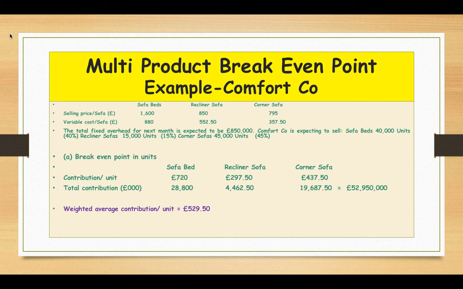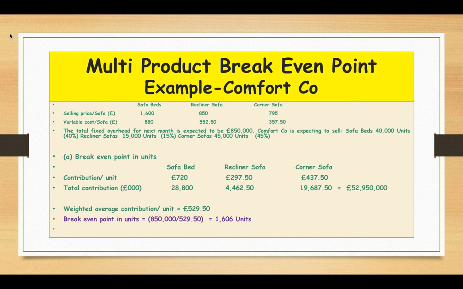So we can calculate the weighted average contribution per unit, which is the total contribution, 52,950,000, divided by the total number of units, which is 100,000 units. So we will get the weighted average contribution per unit of £529.50.